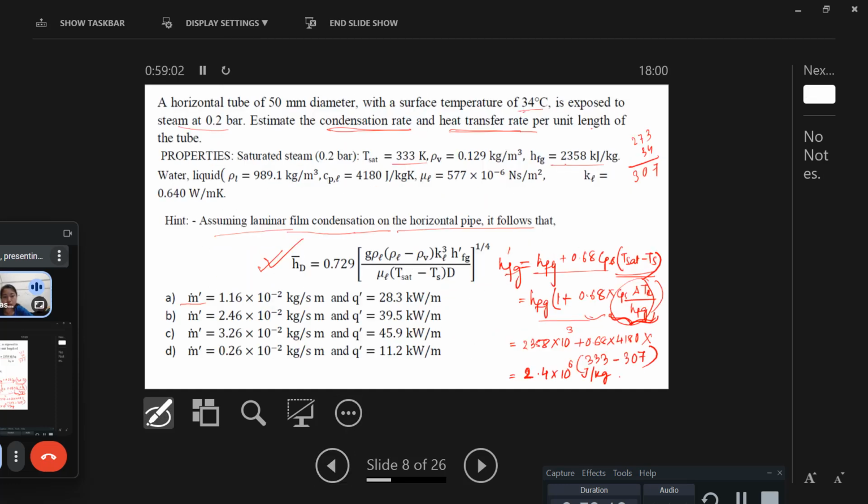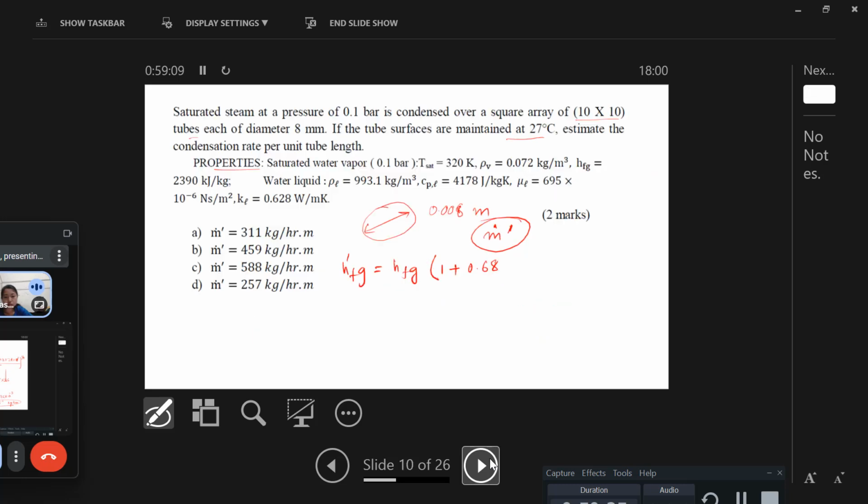In the previous case I have shown this 0.68, and this part is the Jacob number. So this is just another form of writing this h_fg'. You can anyways calculate like the previous calculation.